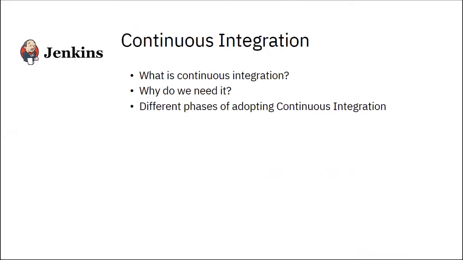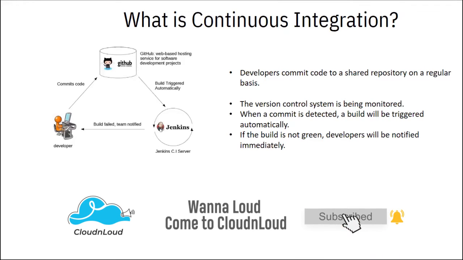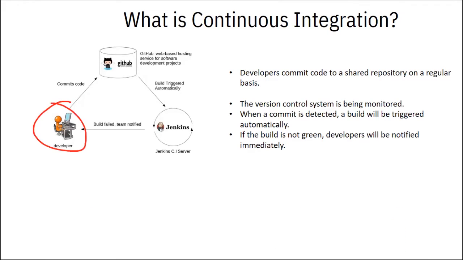And Jenkins, what is continuous integration, right? Why do we need it? And what are the different phases of continuous integration? Okay, so we will have a simple example. He is the developer. He created some Java code and pushed it to GitHub, right? The moment he pushes, Jenkins, where I configured this repository, will automatically detect the changes.